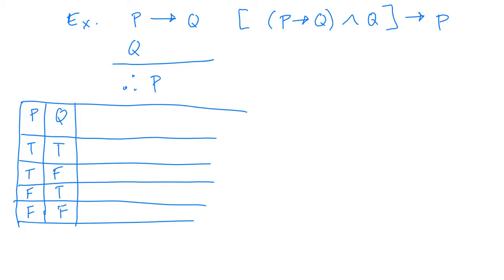Next, I have to look at this term here, the inner part of the expression, which is if P, then Q. Thinking about our conditional statement table, you have TF to get F. So that would be here, should be F in the second row, and for the rest would be T.